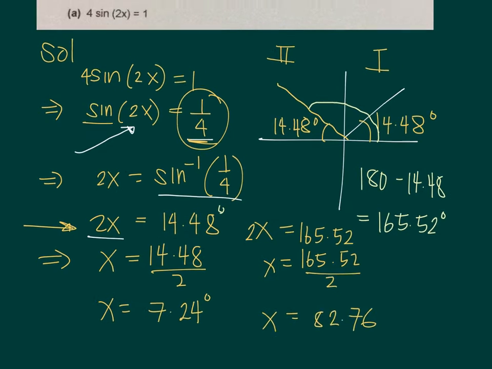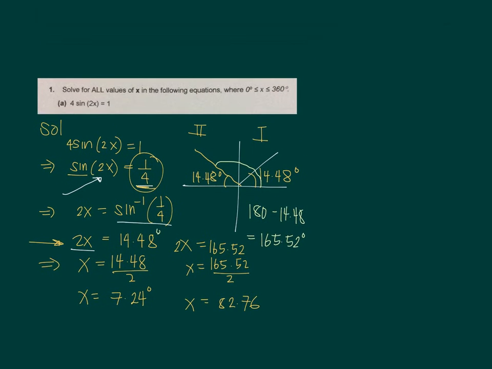Note, however, that it says the value of x is between 0 and 360, and 7.24 and 82.76 are still far from 0 and 360. So we need to see if the other angles, whose reference angle, can be used here.